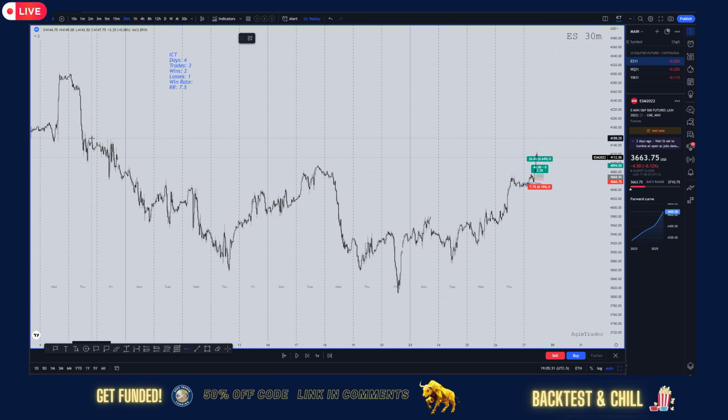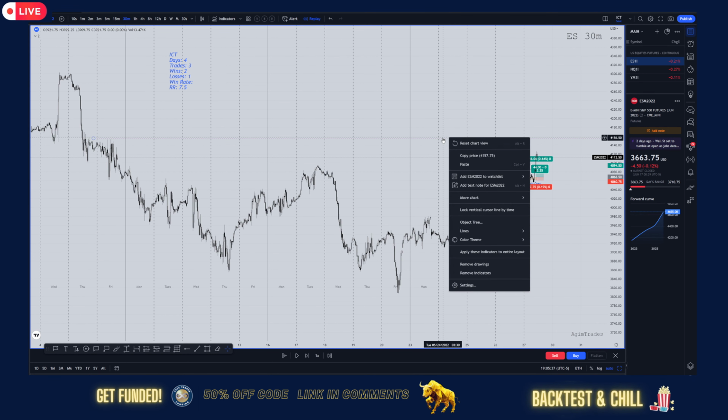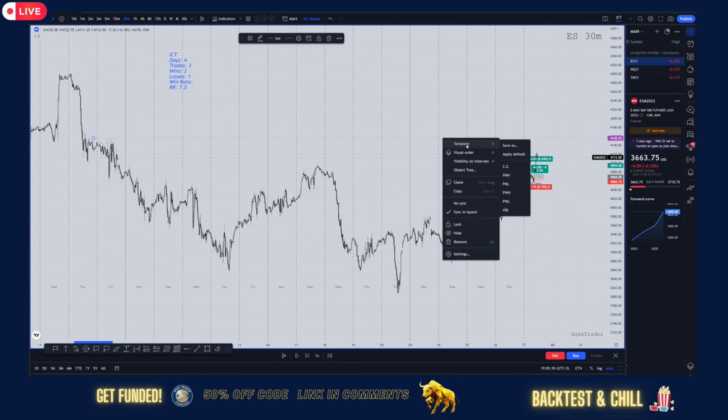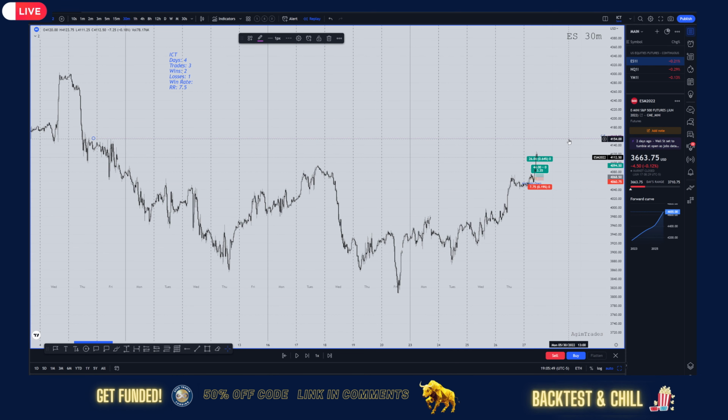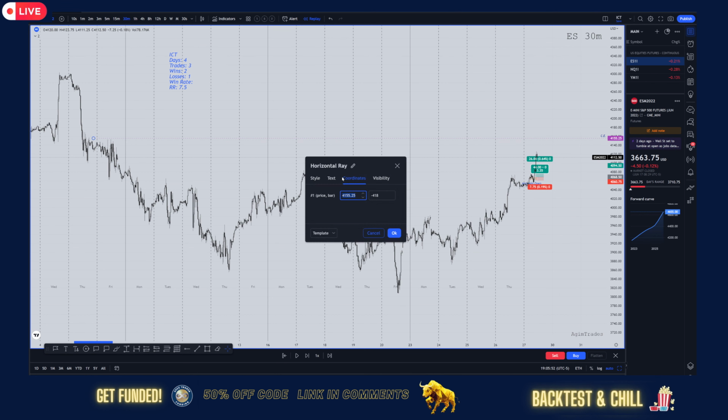Just draw these out. Some strong liquidity. Relative equal highs.